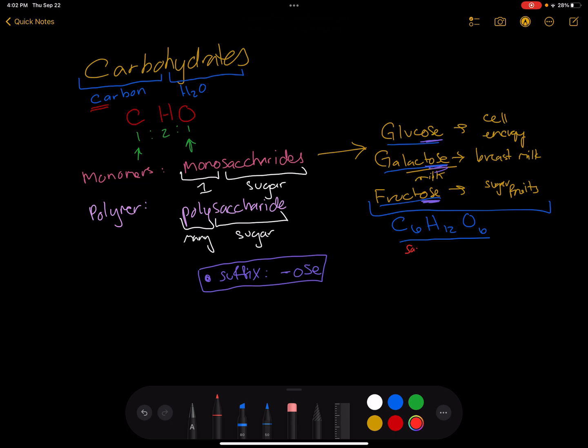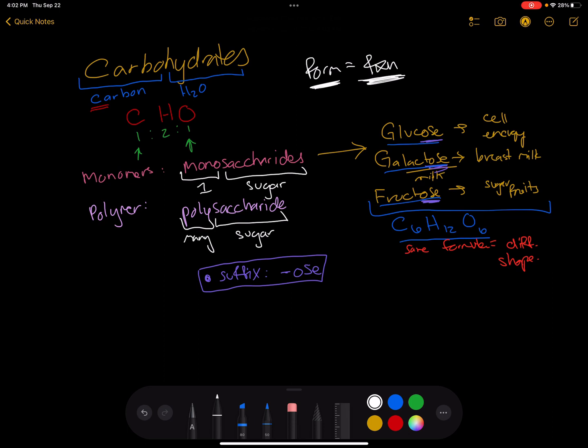So they have the same formula, but a different shape. And one of the things you guys need to start remembering in science is that form is always function. So if something is shaped a certain way, it is going to do a certain job.